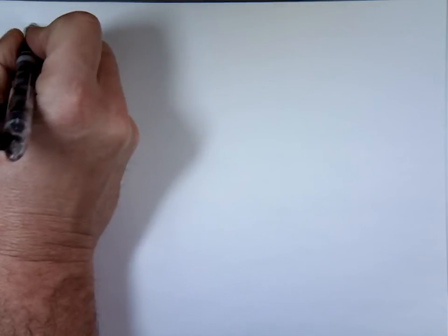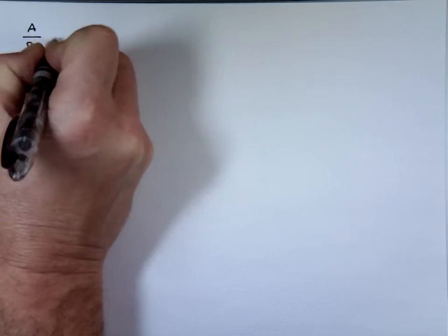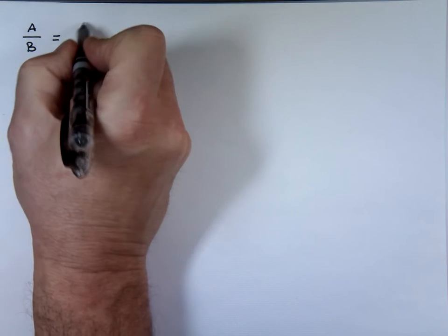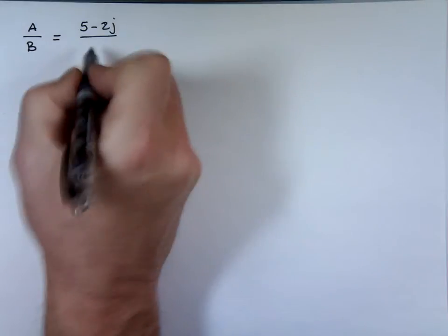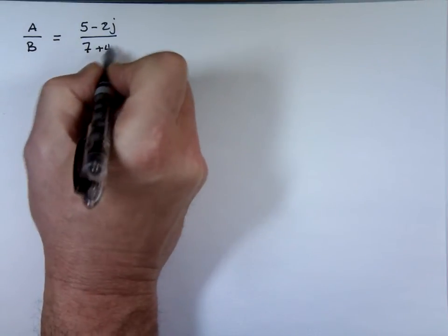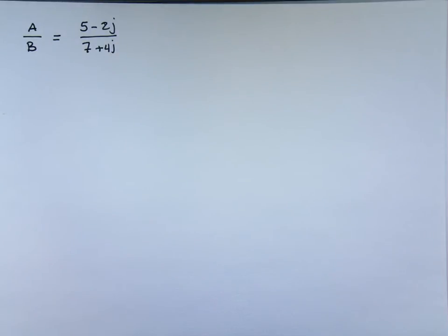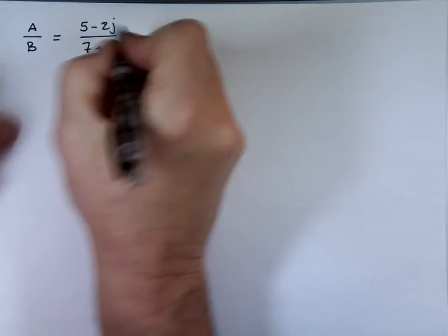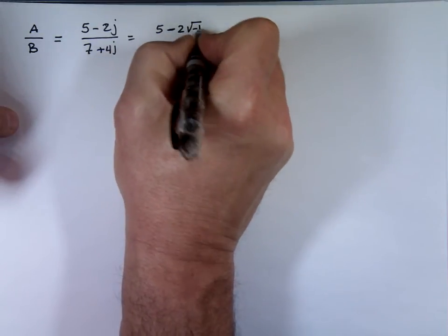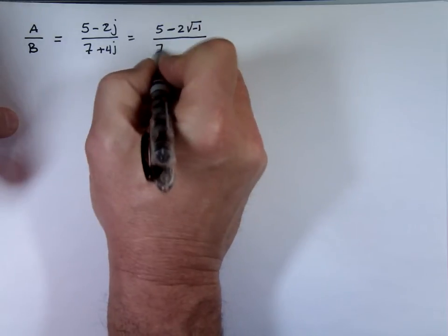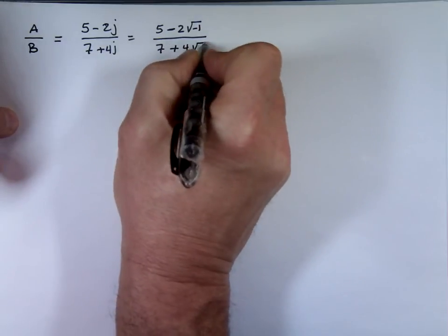How about dividing them? What's A divided by B? Five minus 2J over 7 plus 4J. Well, dividing is a little bit different. Because if you think about it, what you have is 5 minus 2 times the square root of minus 1, that's what J is, over 7 plus 4 times the square root of minus 1.